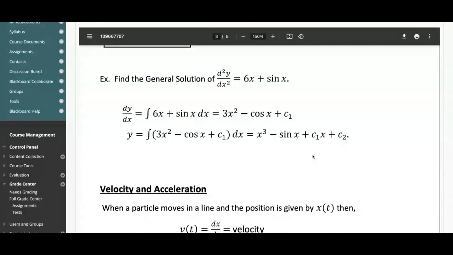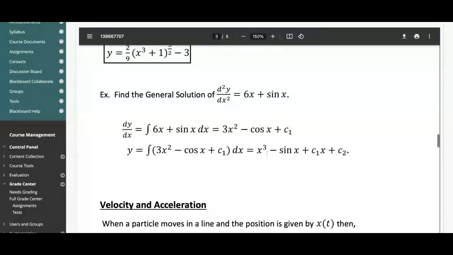All right. As you can see, this again is a family of functions, right? If we want to get a unique solution for this, we would need two initial conditions.